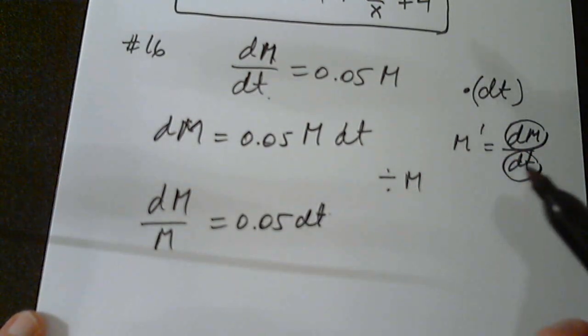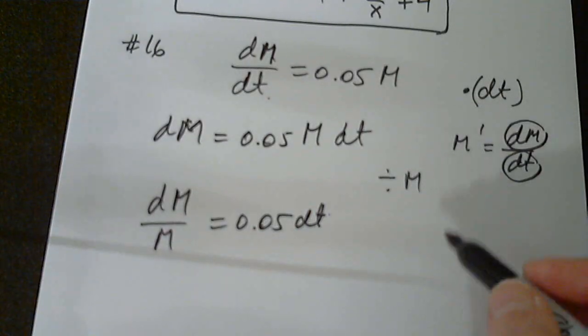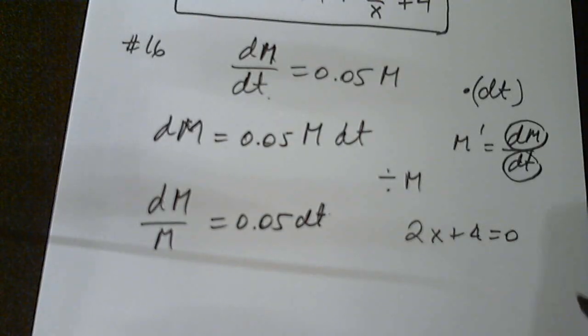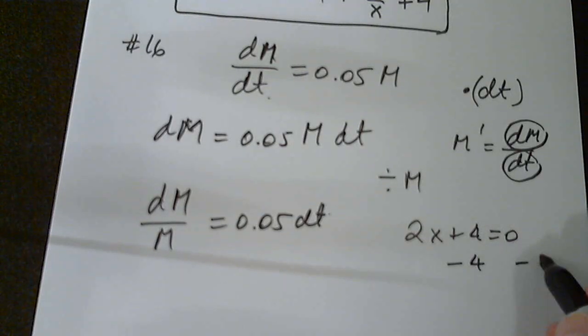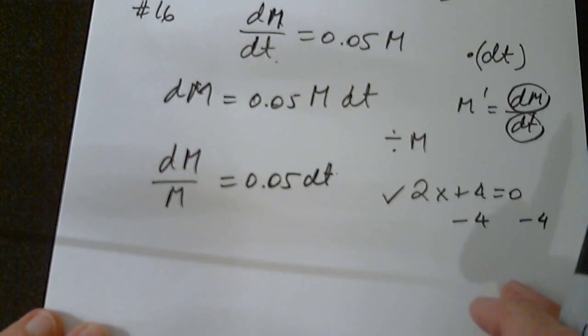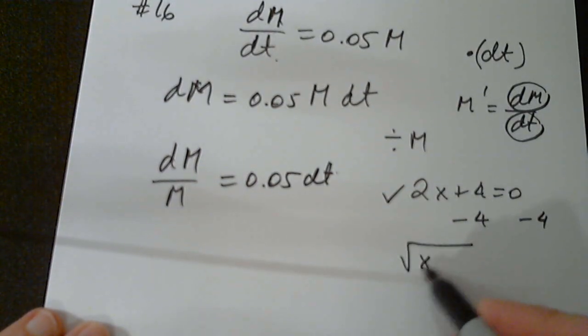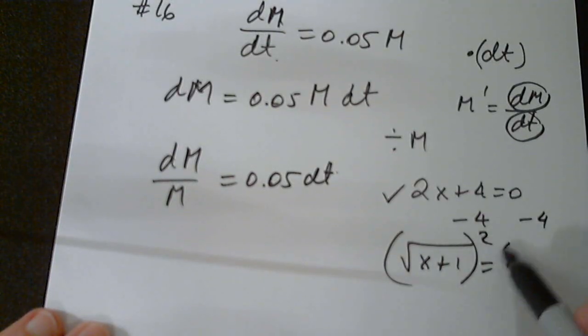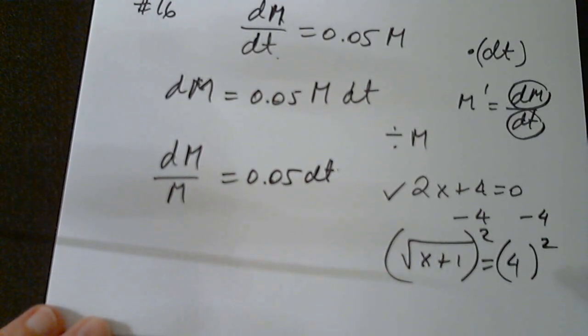Now, if you remember, when we solve an equation, like let's say 2x plus 4 equals 0, we subtract 4 from both sides. So that's one option, one example. When we solve the square root of x plus 1 equals 4, we apply the same thing to both sides. We square both sides.